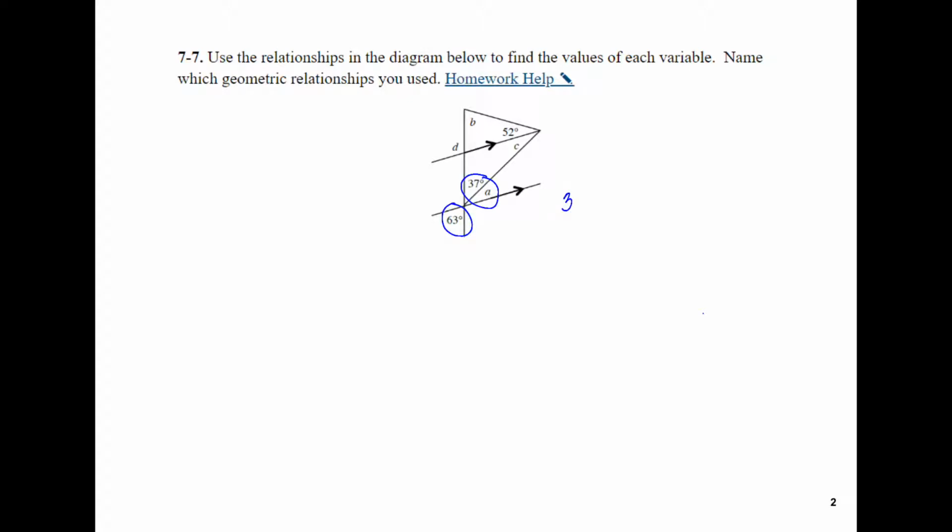If we add 37 degrees plus A, because they're vertical angles, it should equal 63 degrees. When you use your inverse operations and subtract, you get A to equal 26 degrees. You then, because we have alternate interior angles, can determine that C is also 26 degrees, and that reasoning was angle A and angle C are alternate interior angles.